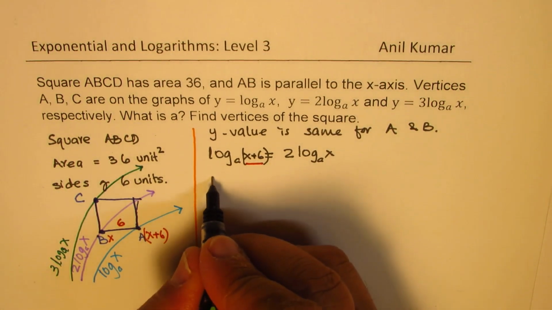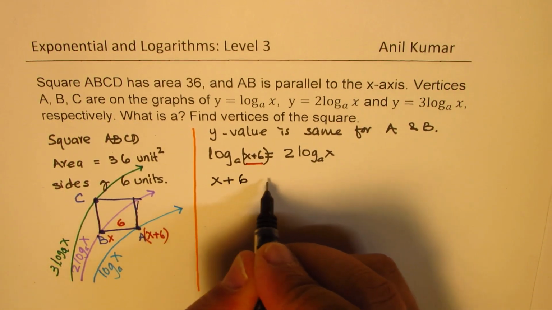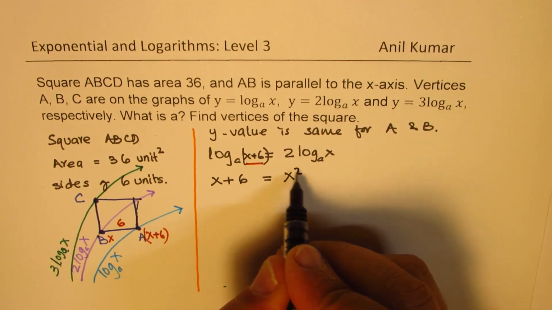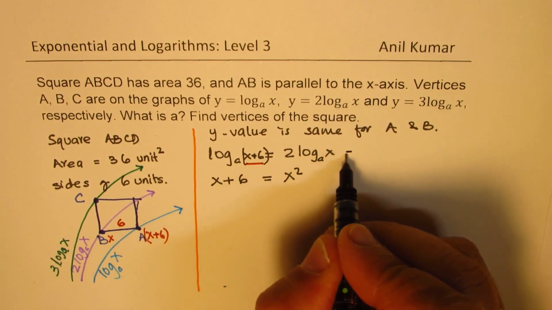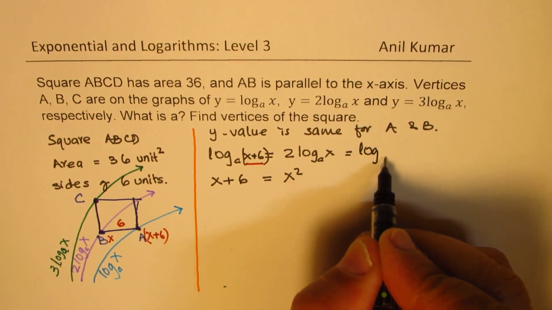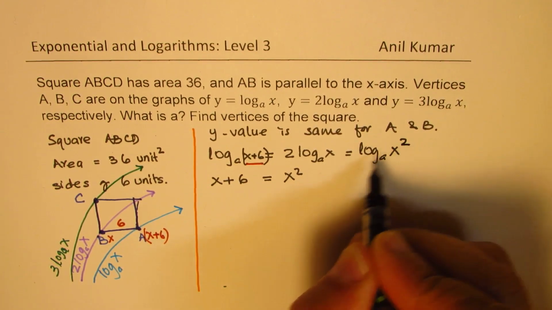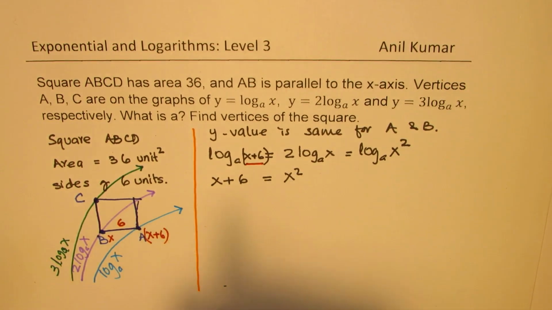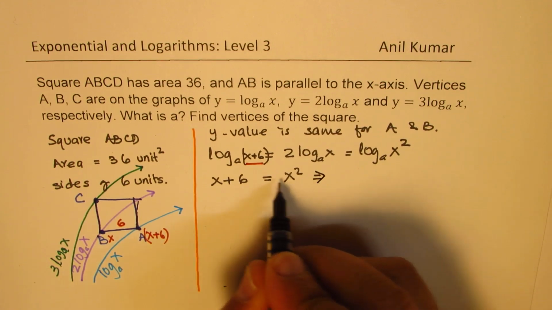Now that means that log to the base a of x plus 6 is equal to 2 log to the base a of x, which we could write as log to the base a of x squared using the power rule. And so x plus 6 is equal to x squared. Now that is a quadratic equation which we can solve.